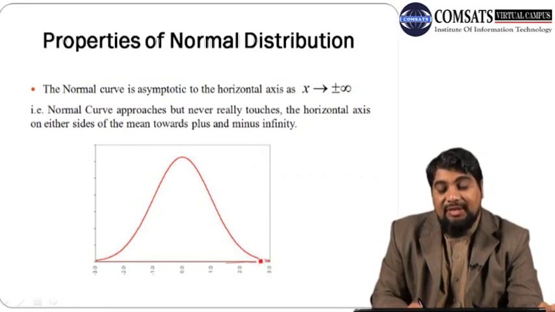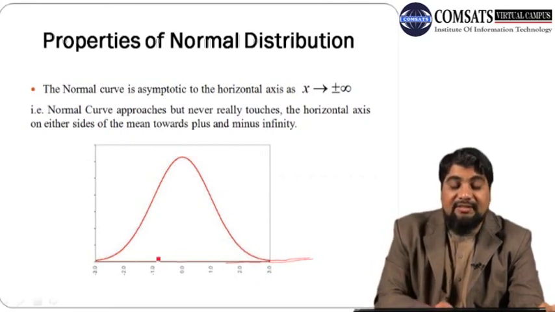You can see that this bell-shaped curve is getting closer and closer to the x-axis, but it never touches it. It actually runs in parallel with the horizontal axis on both sides.